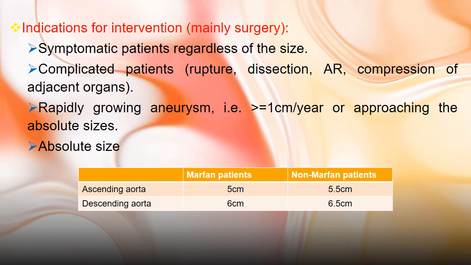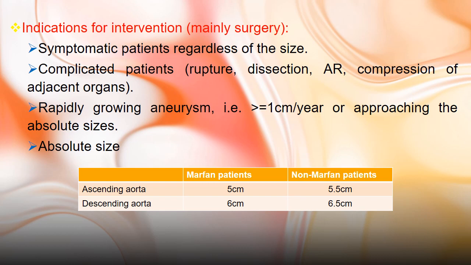But the indications for intervention, mainly by surgery, are, number one, symptomatic or complicated patients, regardless of the size of the aneurysm. Rapid increase in size approaching 1 centimeter per year is also a good indication for intervention. We will not wait until rupture occurs.